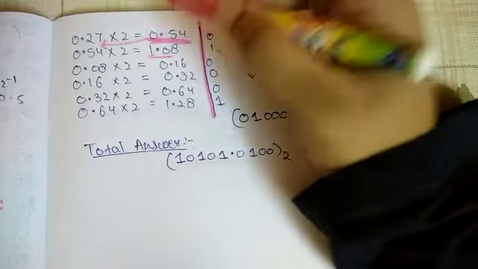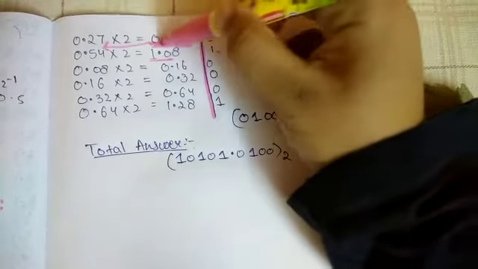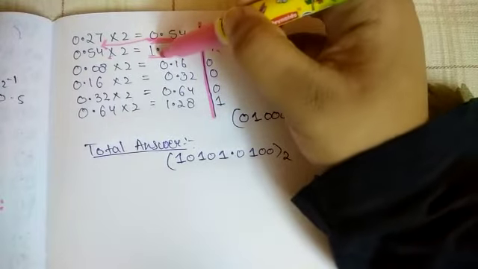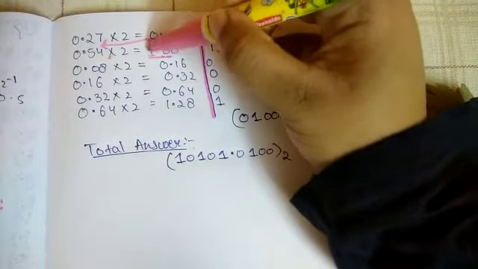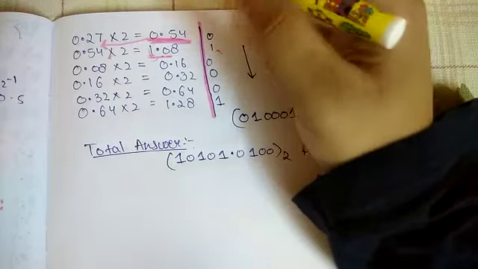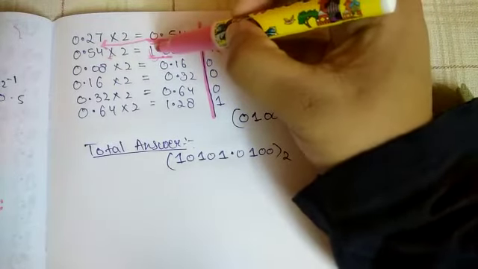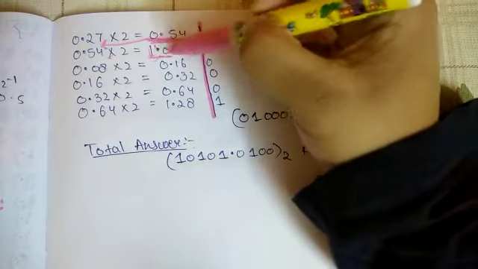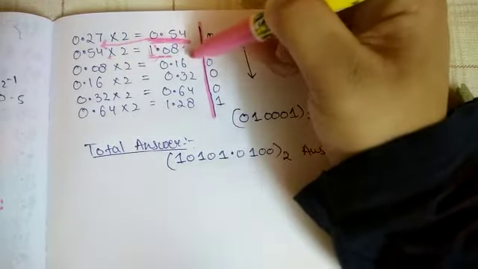The same step we are applying over here as well. We are not considering the 1, we are taking only the after-decimal part. So 0.08 into 2 we get 0.16.